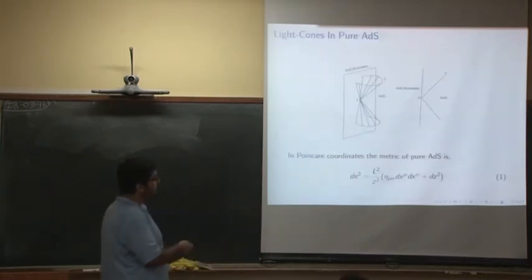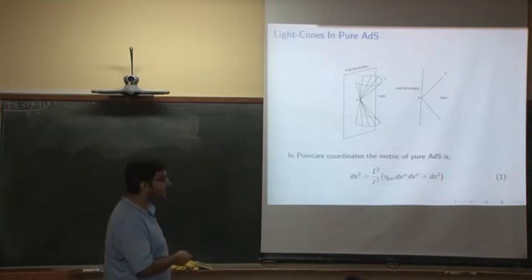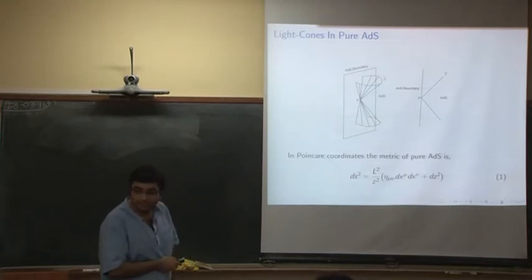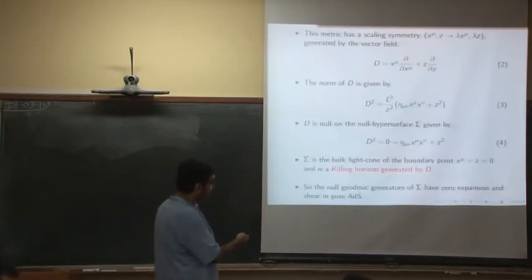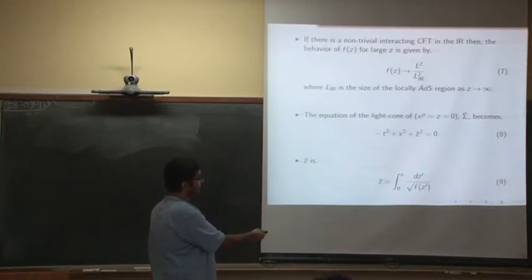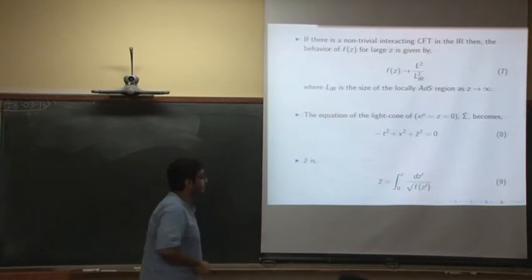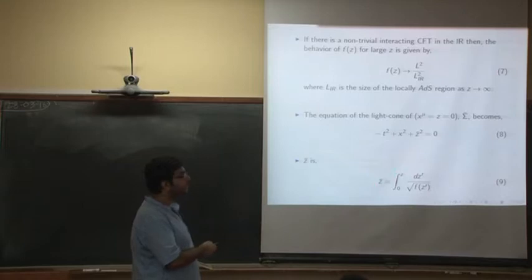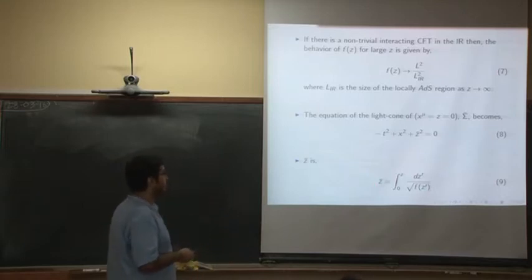So z bar is the same as z near z equal to 0. There's no coefficient there. Near z equal to 0, z bar and z are the same. That can be seen from here actually. If you take z to 0, then z bar just becomes z because this f(z) is actually going to 1. So z bar is actually z near z equal to 0.